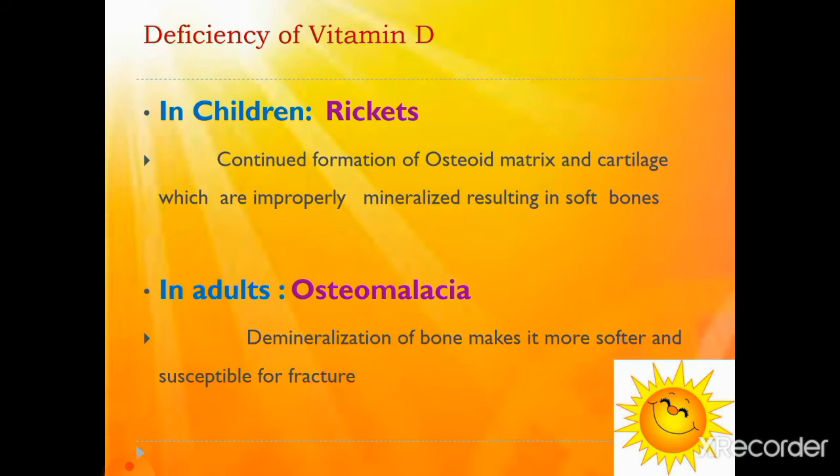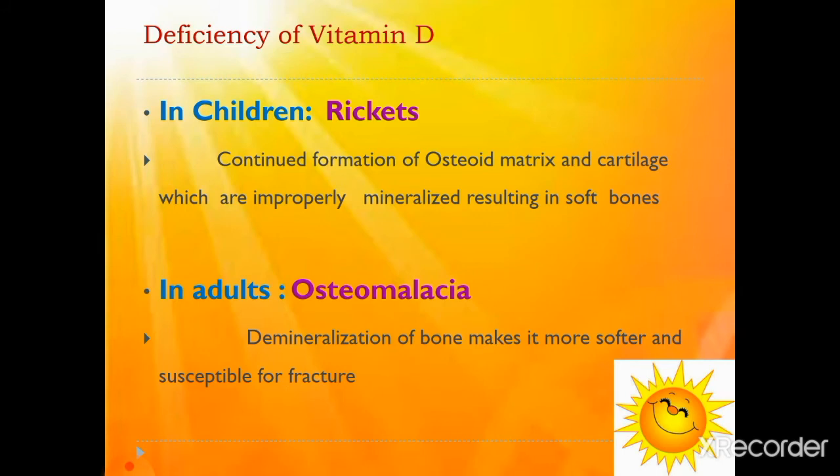Next function, the deficiency of vitamin D. Deficiency of vitamin D in children can lead to rickets, with continued formation of osteoid matrix and cartilage which is improperly mineralized, resulting in soft bones. As I said, vitamin D helps in the mineralization of the bones. So if there is vitamin D deficiency, there will be deficiency of calcium also, and with calcium deficiency there is no mineralization of the bones.